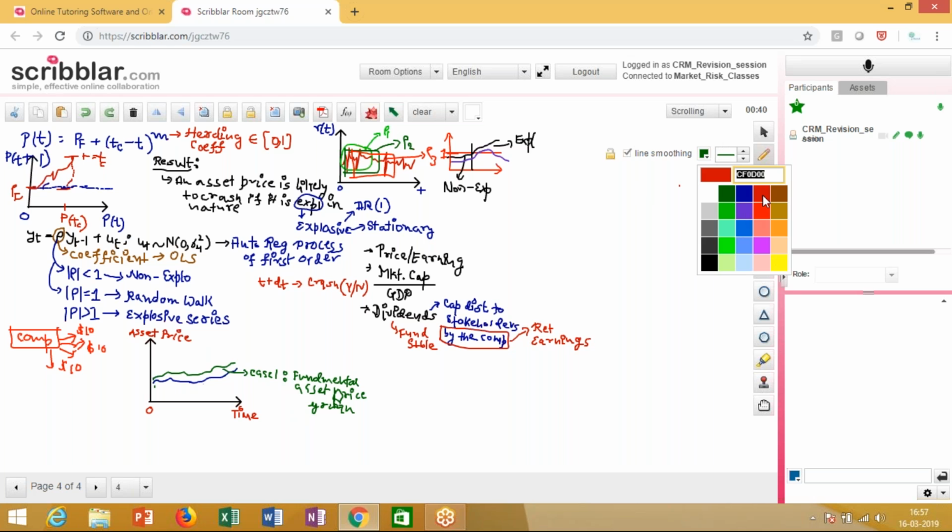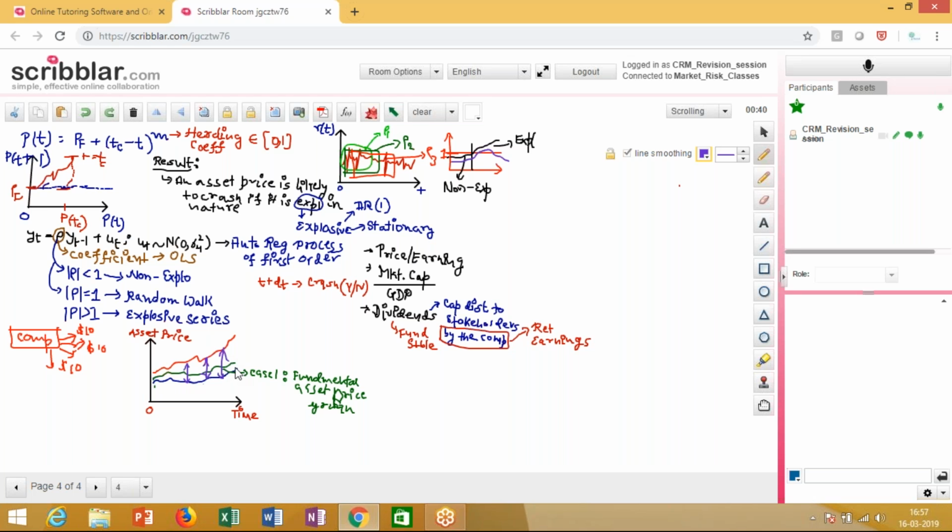Now, what you get to see is another asset price. Over here, what you can see is that the difference between the dividend process and the asset price is continuously increasing, between the index price and the asset price, the dividend part.